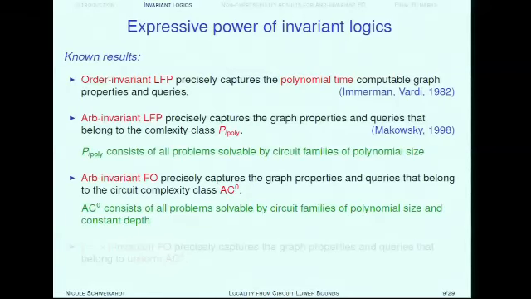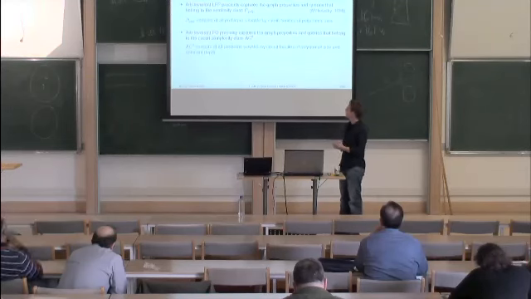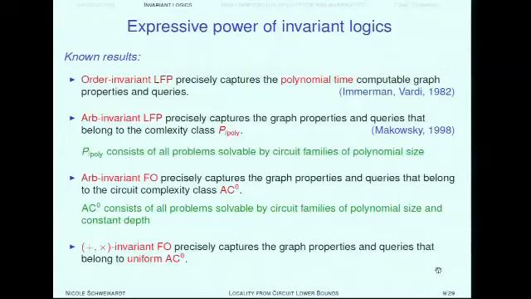What we also know is that arb-invariant first-order logic precisely captures the graph properties and queries that belong to AC0, and here I look at non-uniform AC0. AC0 is the class of all properties that can be checked by circuit families of constant depth and polynomial size. And if you just look at addition and multiplication invariant FO, you get an according characterization of uniform AC0.